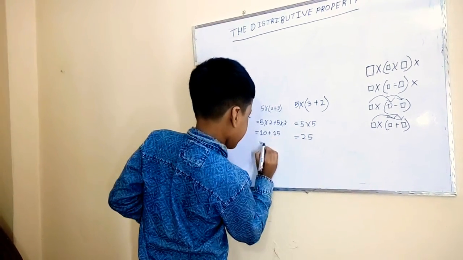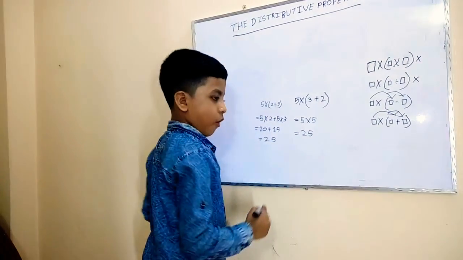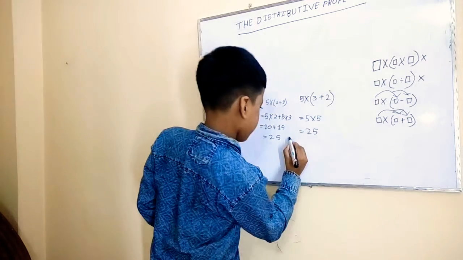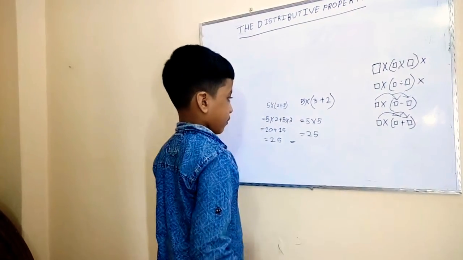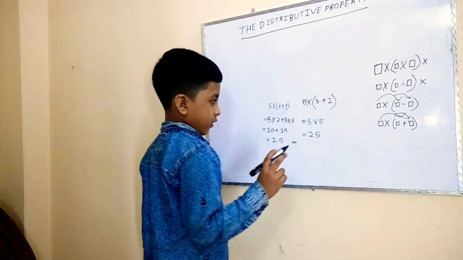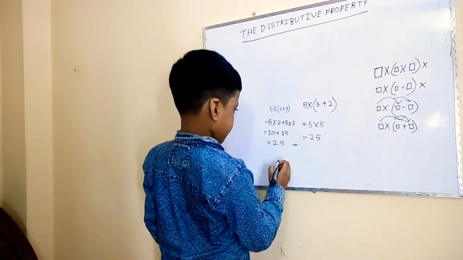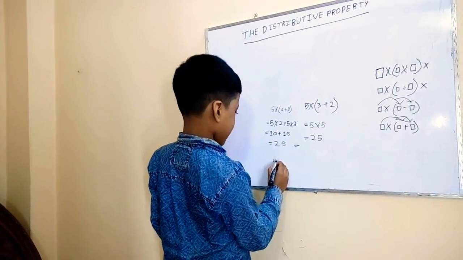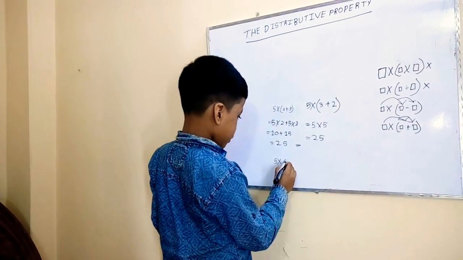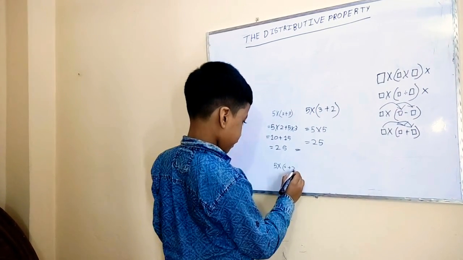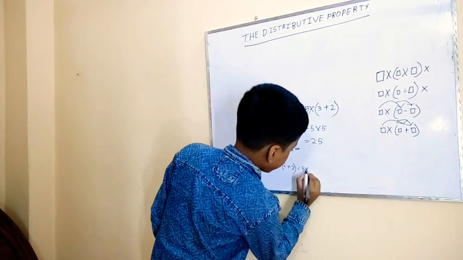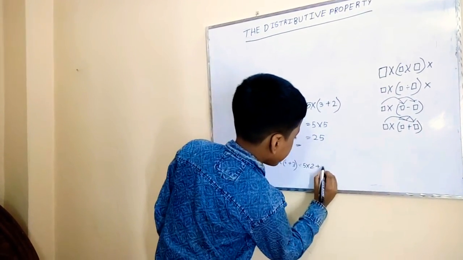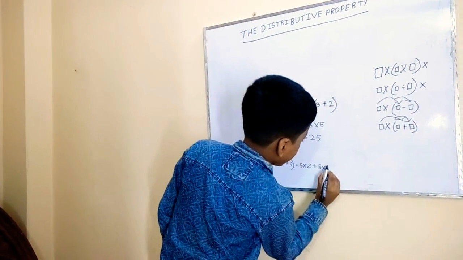And 10 plus 15 equals 25. Oh, look at that. We get the same answer in both cases, which means our original expressions are equivalent. We can write it like this: 5 times the group, 2 plus 3 equals 5 times 2 plus 5 times 3.